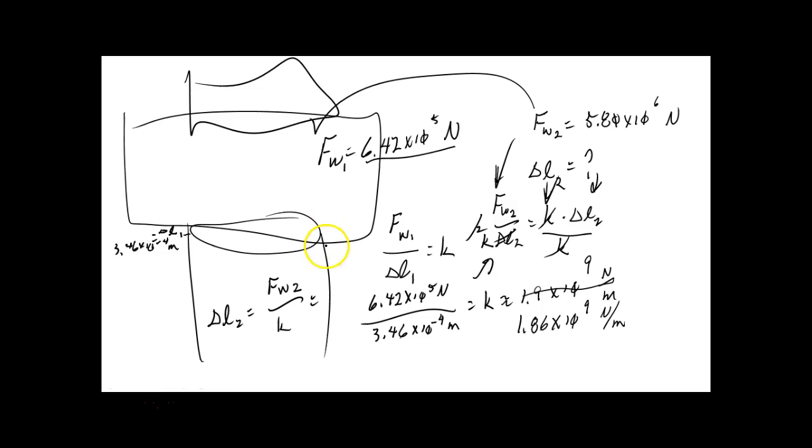All right, your F sub W2 is 5.80 times 10 to the 6th newtons, divided by your K, which was 1.86 times 10 to the 9th newtons per meter. That's an ugly meter, okay? Still pretty ugly. Let me see if I can clean it up a little bit.